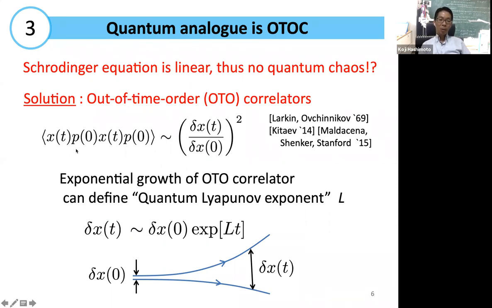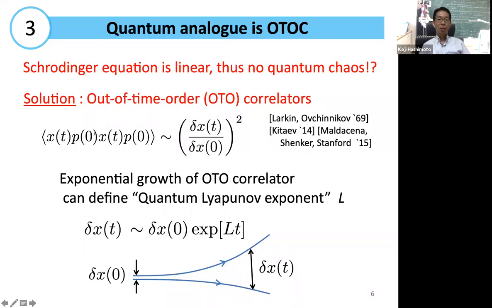Consider a correlator which is ordered not in time order, like x of t, p of 0, x of t, and p of 0. This x and p are chosen in such a way that if you take the classical limit, h bar goes to 0, then it is identical to this expression, where differentiation with respect to x of 0 means you have the operation of a commutator with p of 0.